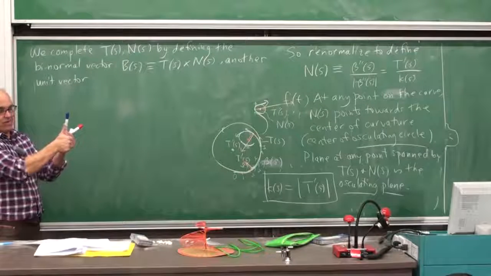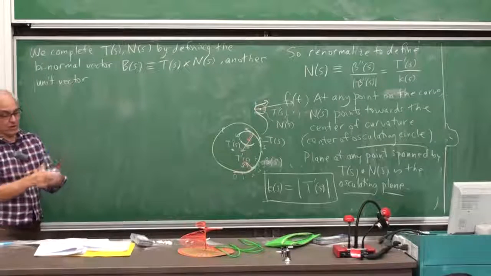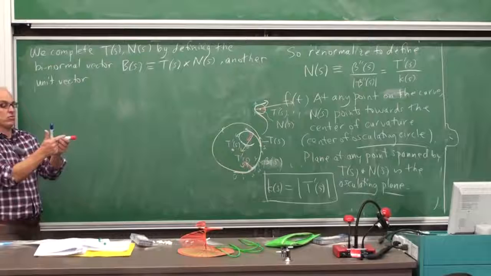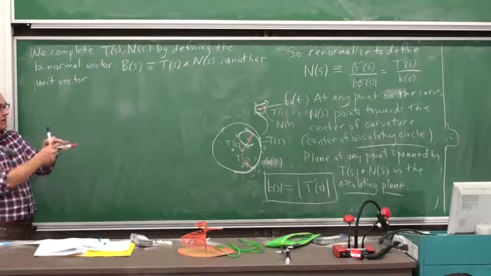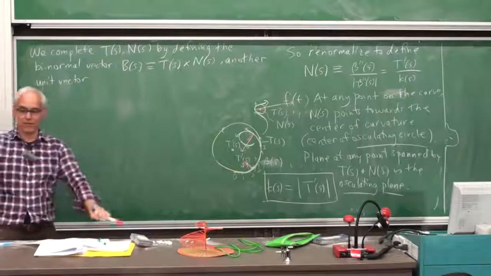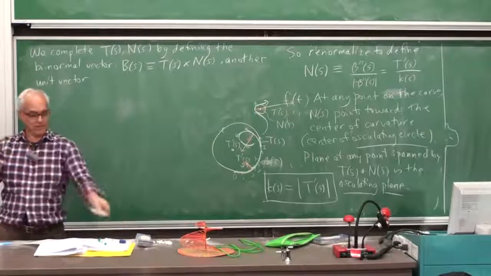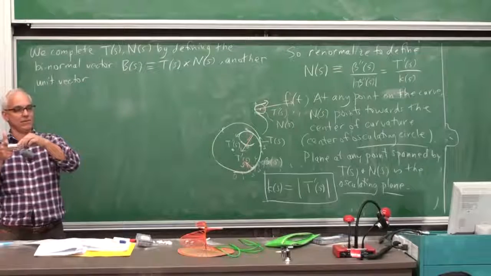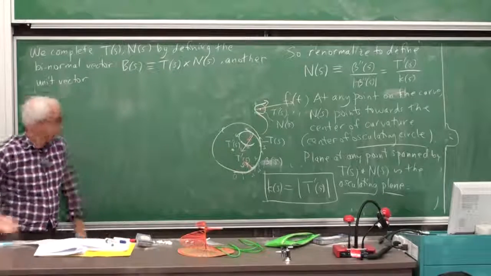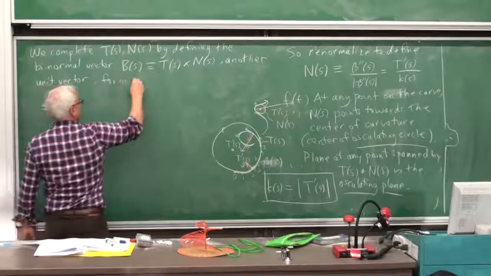You put the thumb along the first one, which would be T, and then the second finger along the second one, which would be the N, and then the third finger, there's T, there's N, and there's that B.